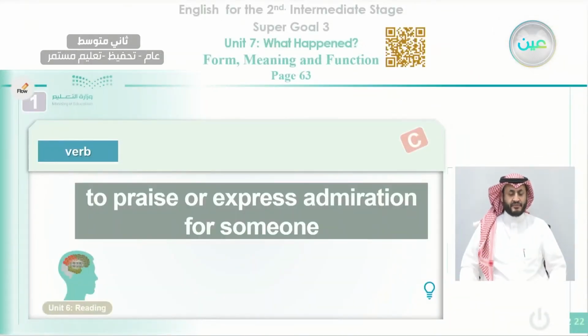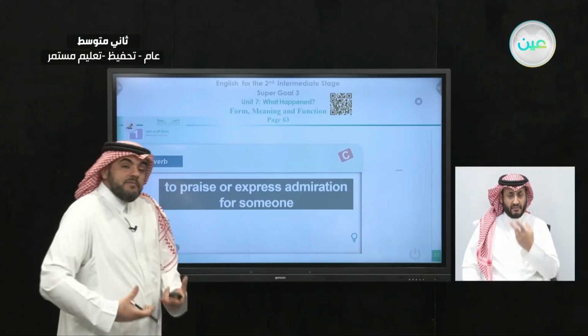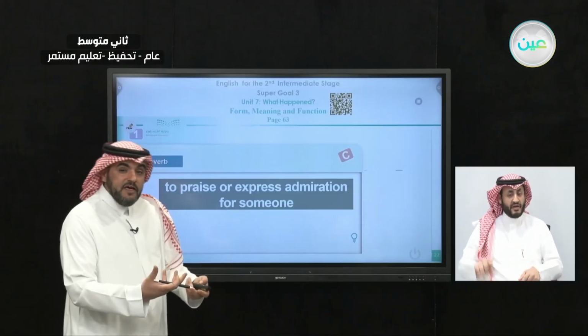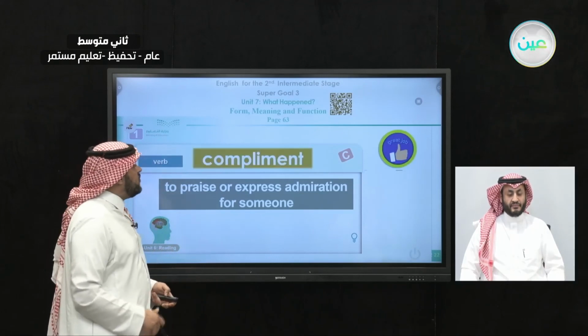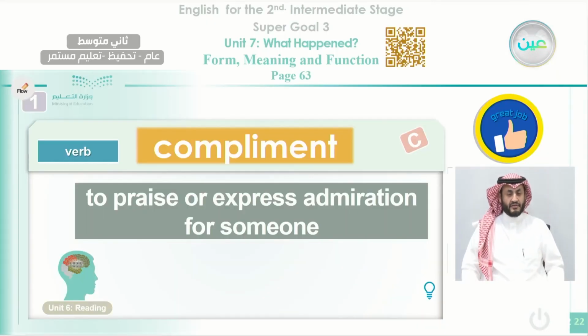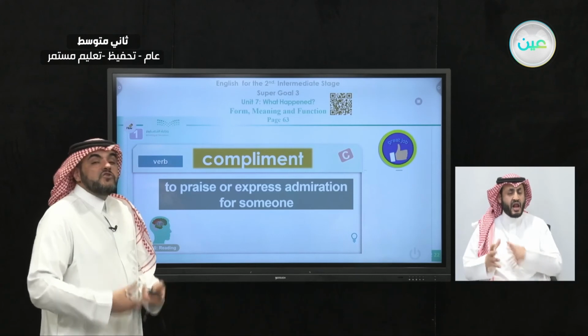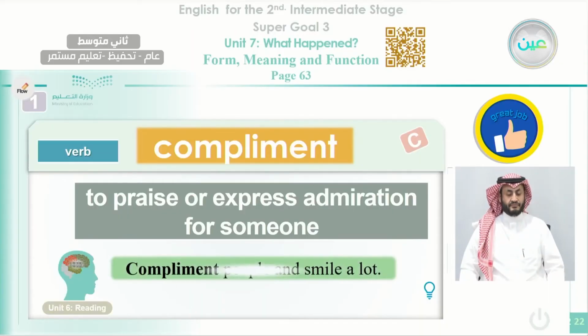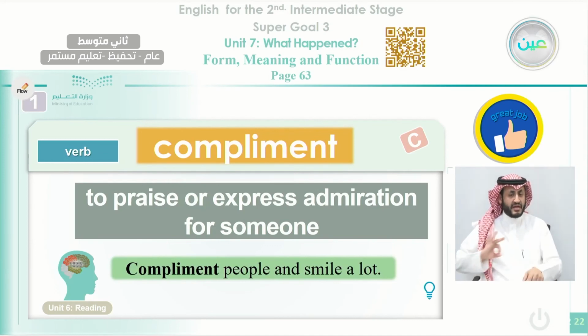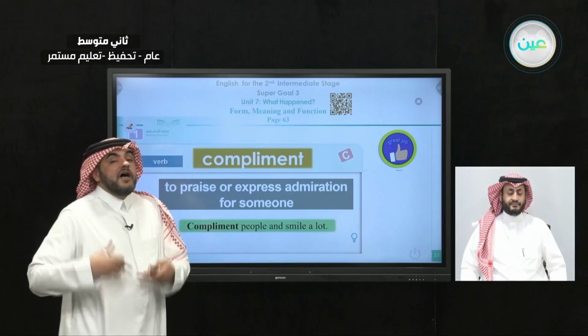And also here we have another verb starting with C, to praise or express admiration for someone. To tell somebody that you admire him or you like him, or you say greetings to him, like this one, we say "compliment". To compliment people, this is a very good thing to do and to be cool. Okay, compliment people and smile a lot. This is one of the tips that we told you in the reading passage on how to become cool.